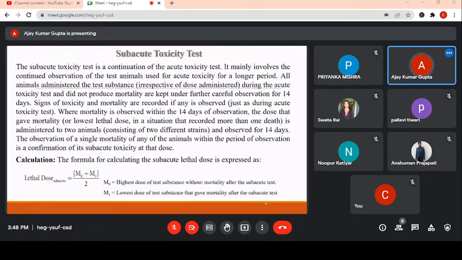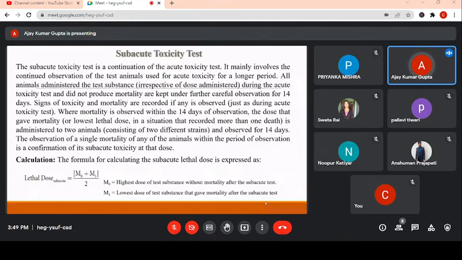Then let's come to the subacute toxicity test. The subacute toxicity test is a continuation of the acute toxicity test, and mainly involves the continued observation of the test animals for a longer period.